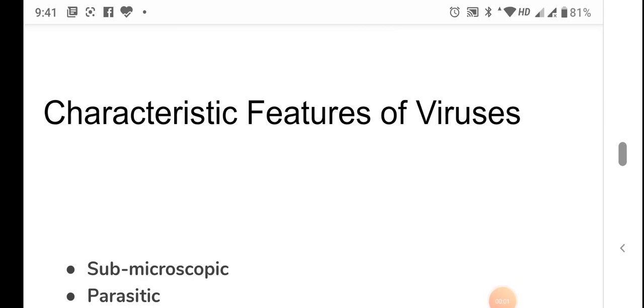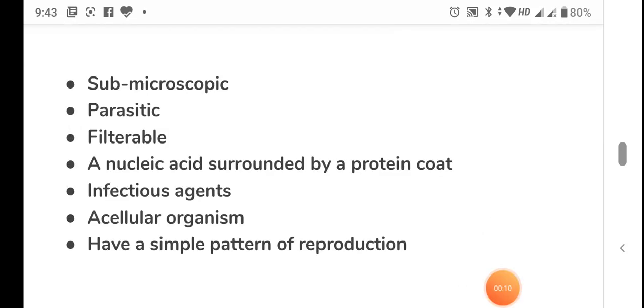Dear students, in this session we will be discussing the characteristic features of viruses. In the previous sessions we have already discussed so many features of viruses.